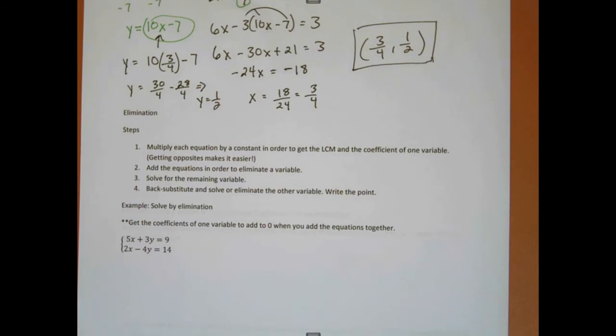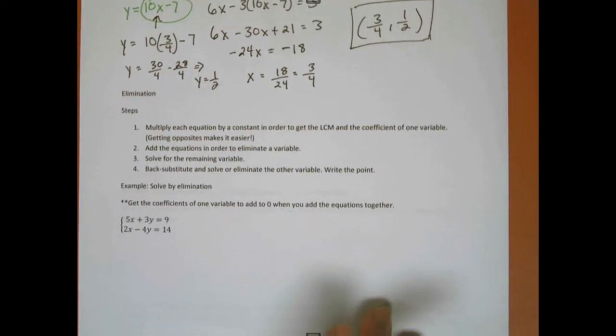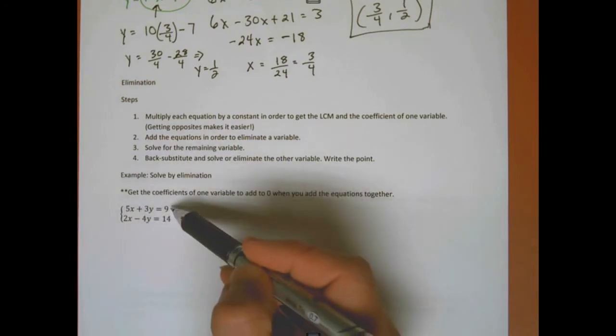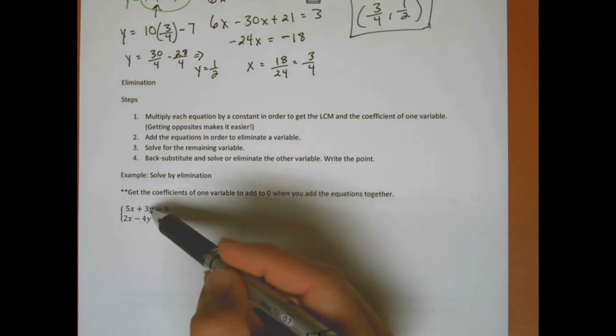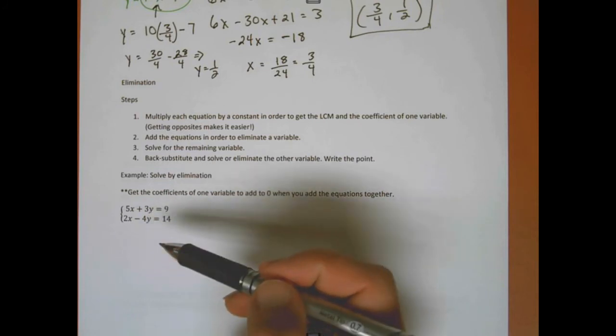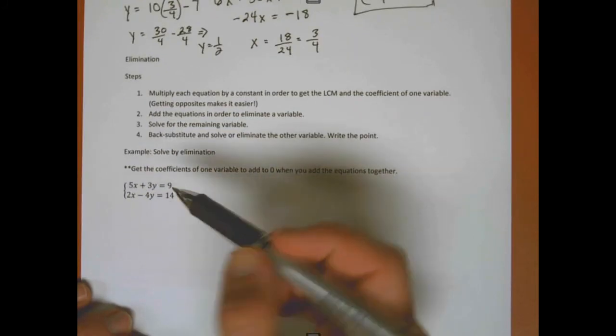Okay, and then we have elimination, which is a very popular method for solving systems. You're going to try to multiply one or both equations by something that makes the variables add to something that actually cancels. And you try to look for the easiest one.